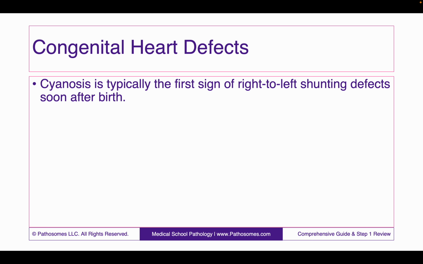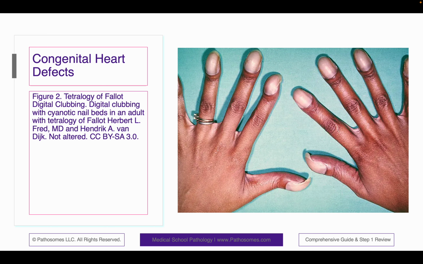Now, cyanosis is typically the first sign of right to left shunting defects soon after birth. Here we have an image of what? Digital clubbing associated with what? Tetralogy of Fallot.